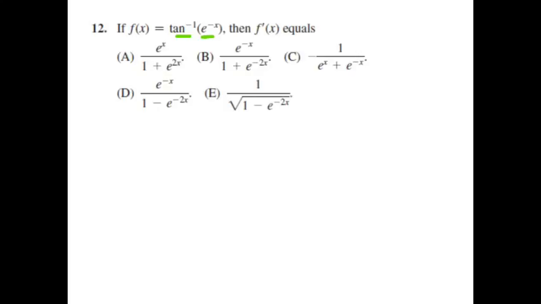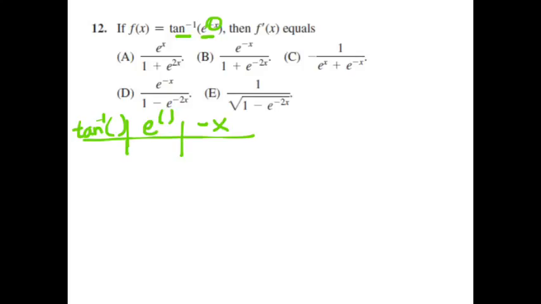And then that something is not just e to the x, but it's e to the negative x. So I've got to do a chain rule, and it's going to involve 3 pieces. So I have inverse tangent of something, and then I have e to the something, and then negative x.